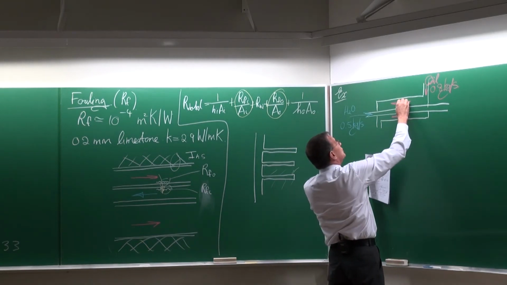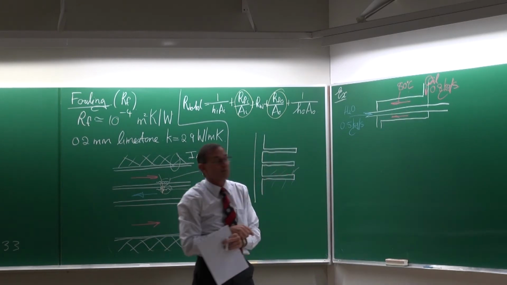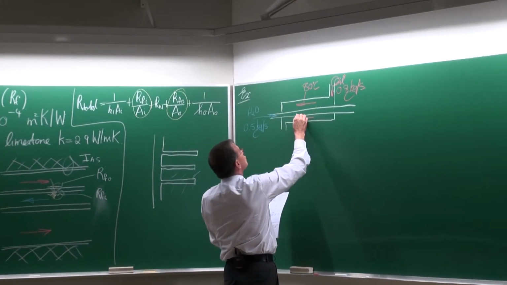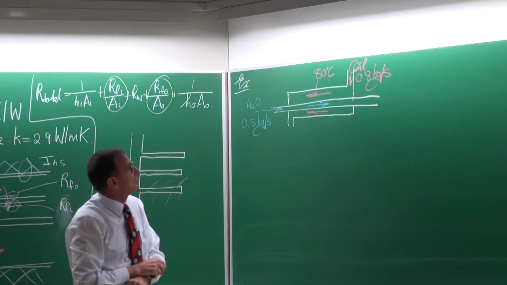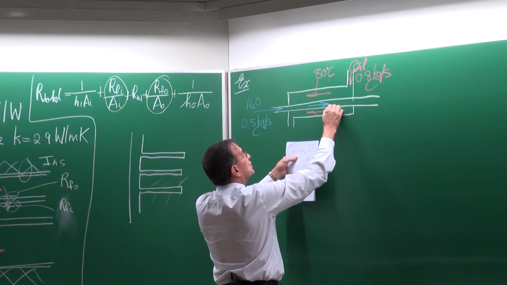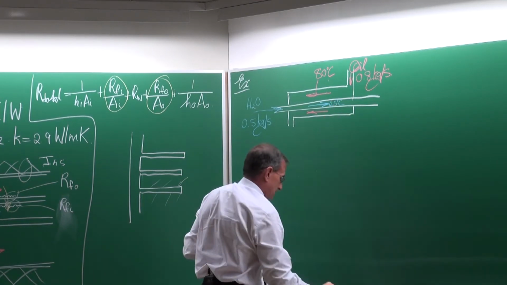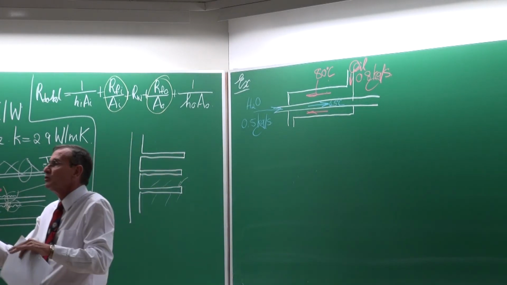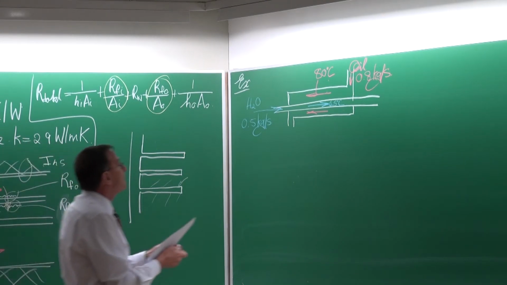Now, something that they're going to make easy for us is they say that the average oil temperature is 80 degrees Celsius, while the average water temperature is going to be 45 degrees Celsius. It's very unusual that the values would be given like that. Normally it would be the inlet and outlet temperatures that will be given.